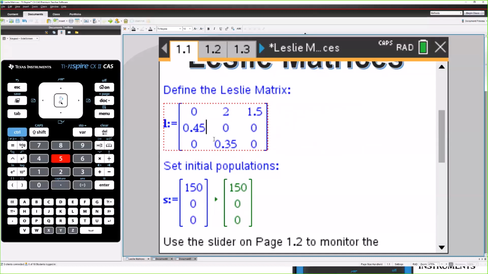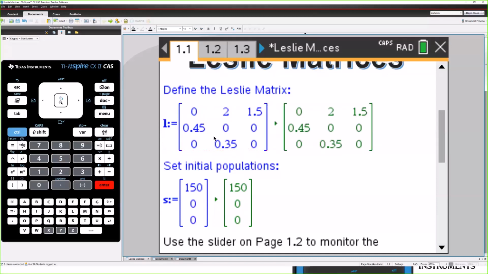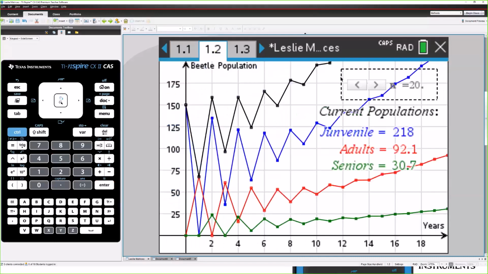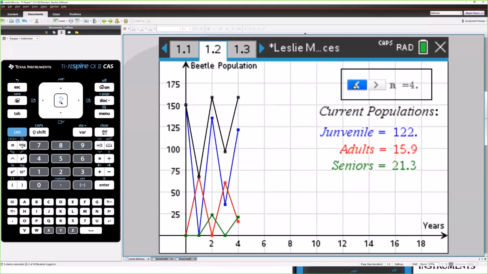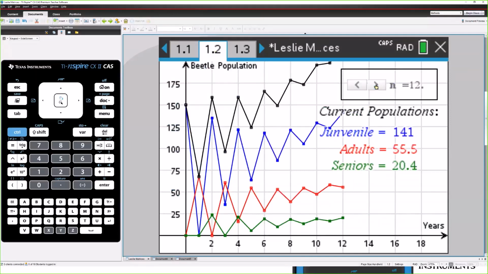So we're talking about an increase there, 5%, up from 40% up to 45%, so not massive. Should it make a difference? Well, we kind of expect a few more beetles to hang around, and look at that. Let me just go back to the start. We still see the same noise at the start, but we can see that the population is increasing quite rapidly.